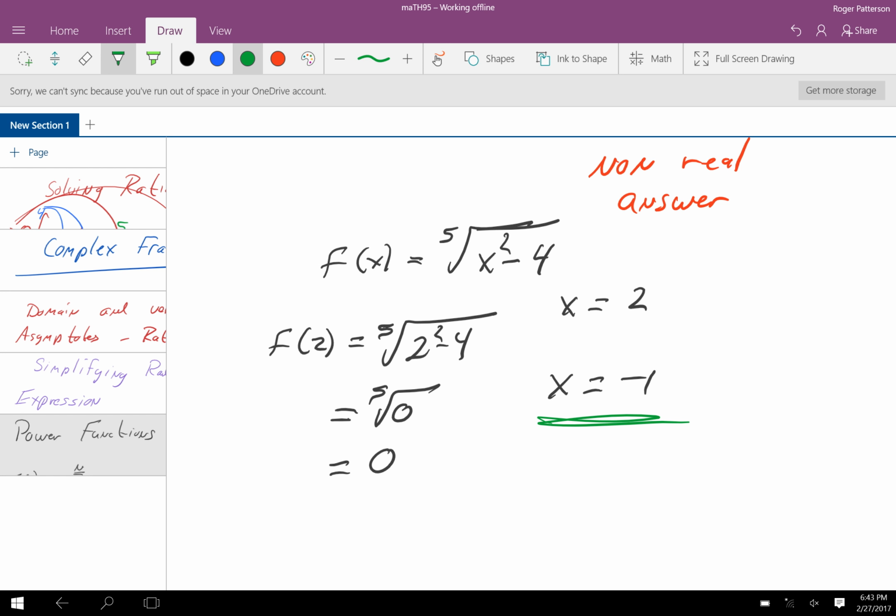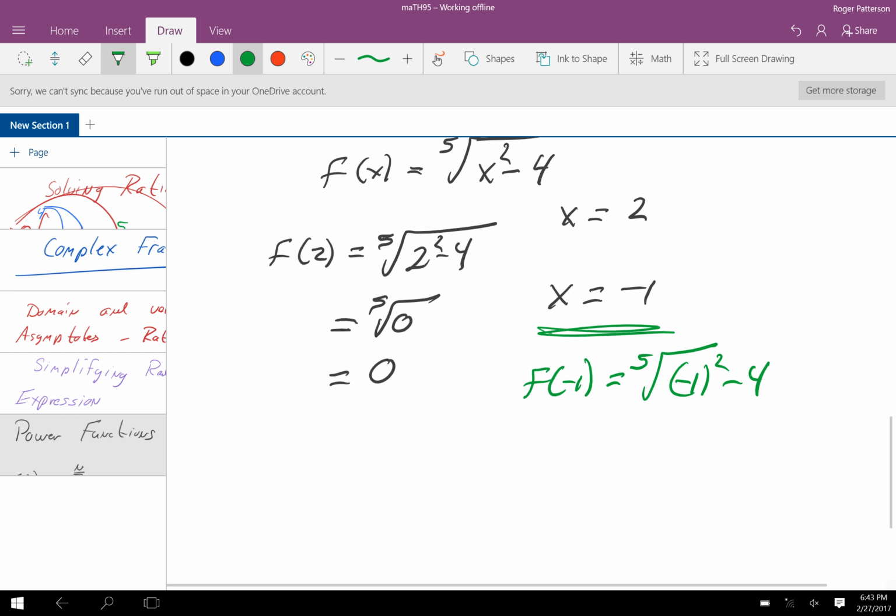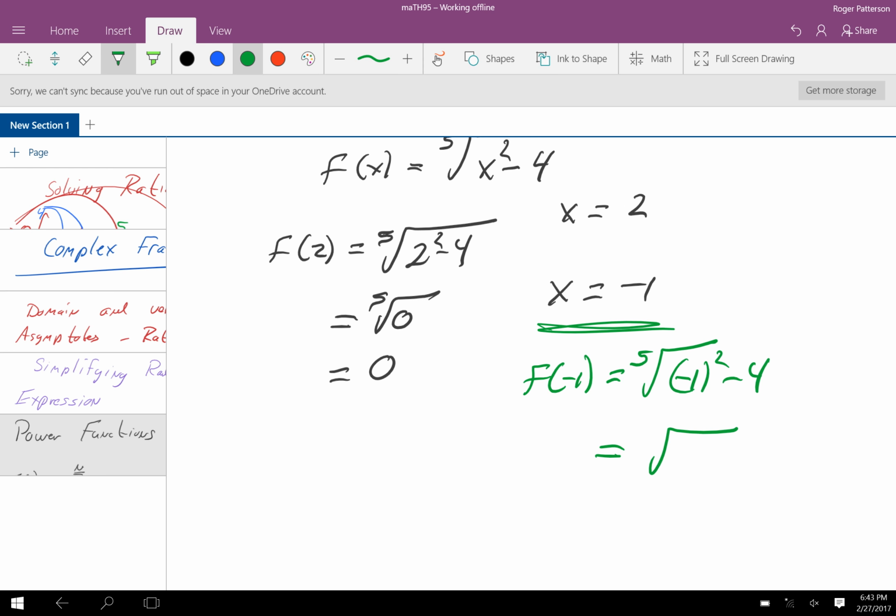So now we'll put negative 1 in there. So we'll go f of negative 1 equals the fifth root of negative 1 squared minus 4, which is negative 3, fifth root. Right? So far, so good? Okay.